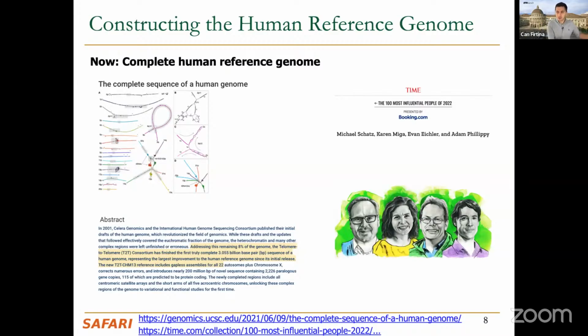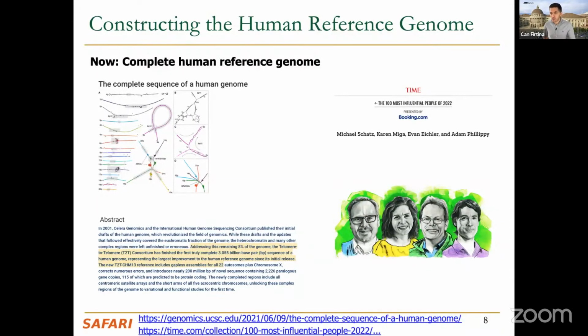But as the technologies and the algorithms improved over time, we were able to generate a more complete and almost fully complete version of the human genome. This was done a few years ago, around 2021, the decoding of the almost complete human genome.